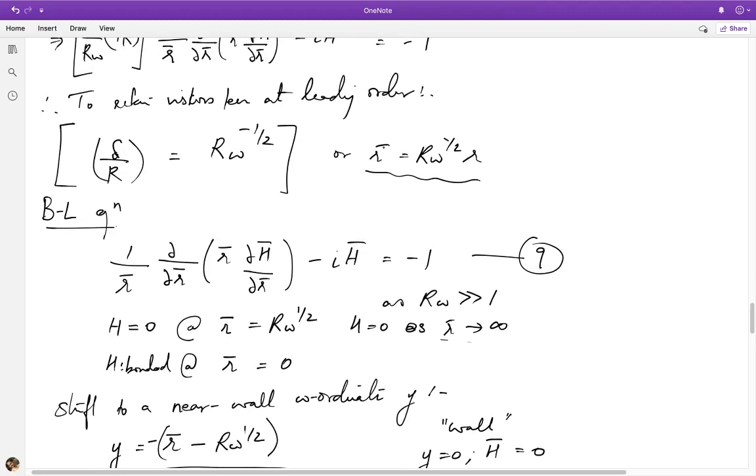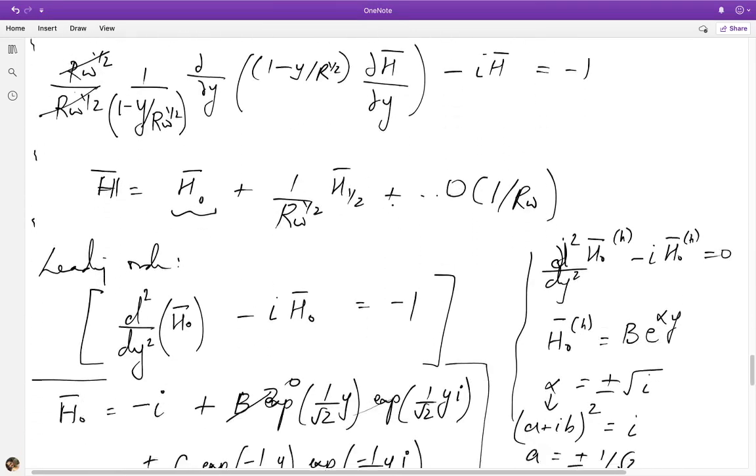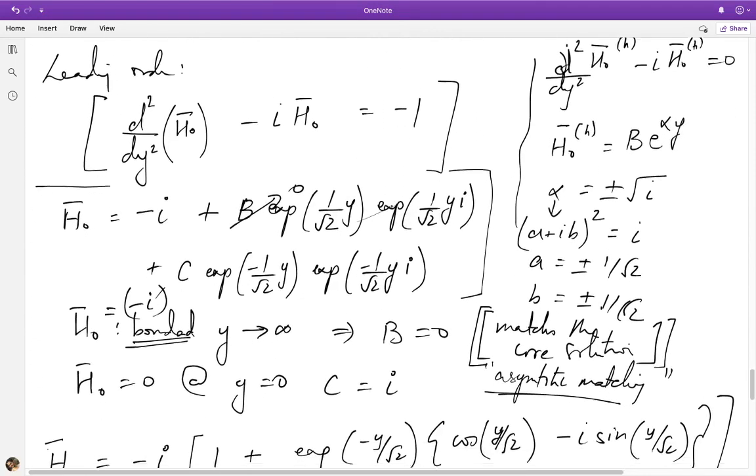So r is r bar divided by Rw to the half, or equivalently r is 1 minus Y divided by Rw to the half.